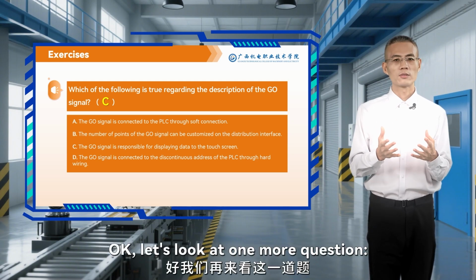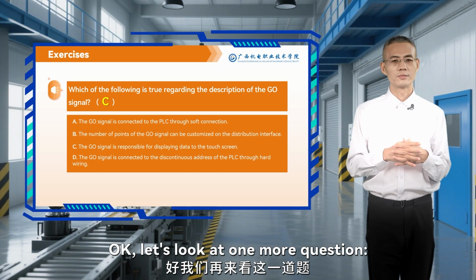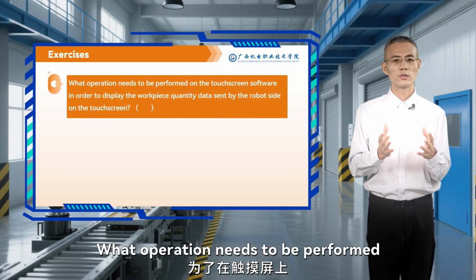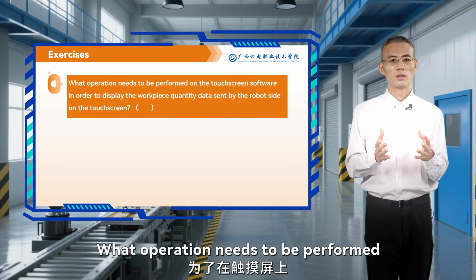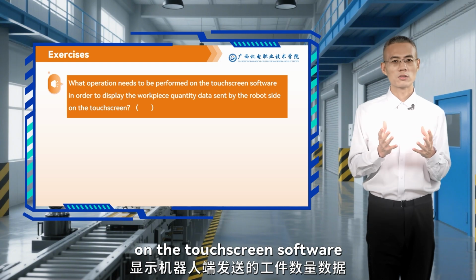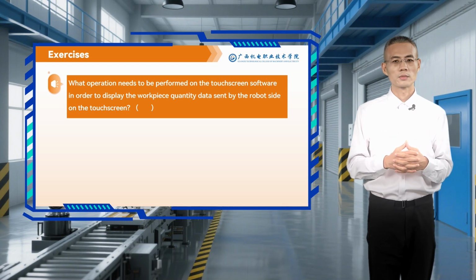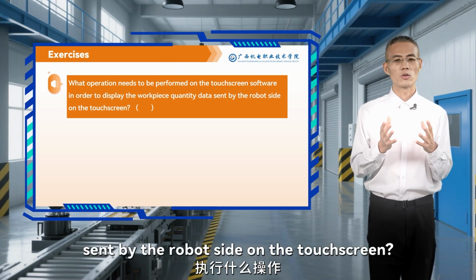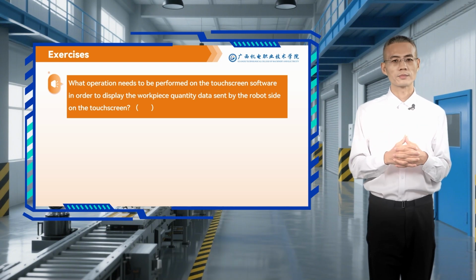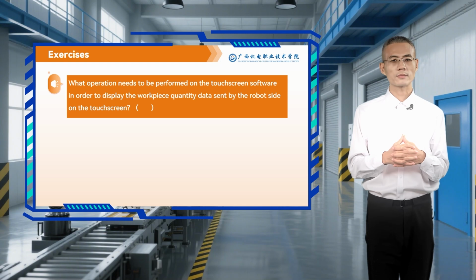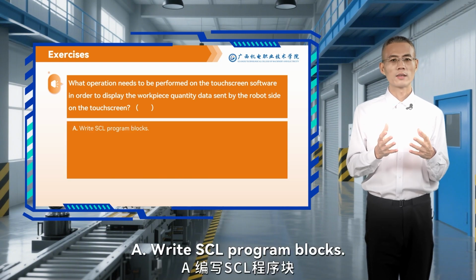Okay, let's look at one more question. What operation needs to be performed on the touchscreen software in order to display the workpiece quantity data sent by the robot side on the touch screen? A. Write SCL program blocks.